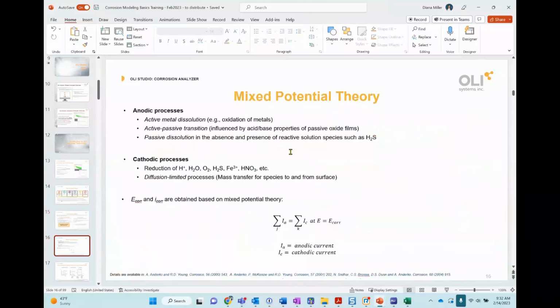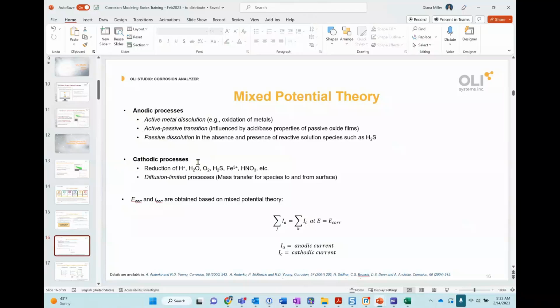So this is what I was saying about how we calculate the corrosion rate. We use the mixed potential theory. We put all the anodic processes together, all the cathodic processes together, and those anodic processes include the active metal dissolution, active-passive transition, passive dissolution.